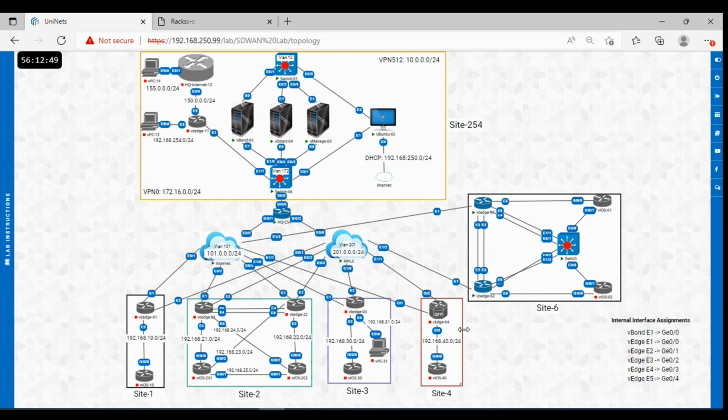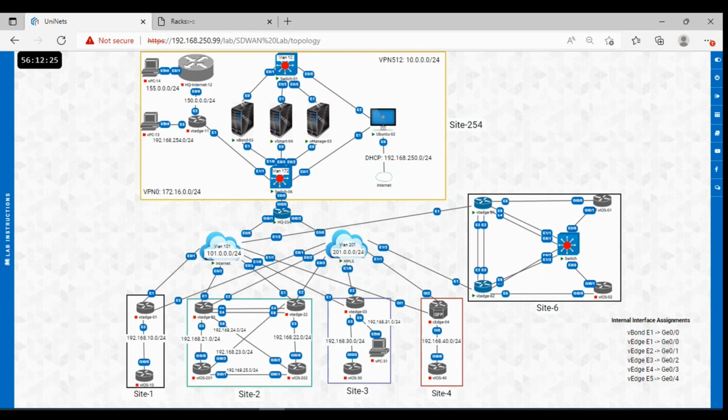And they deploy TLOC extension. So if you know the concept and if you know the configuration, it's good to know about it. So let's make a simple topology of this, where it's very important to plan before you configure.